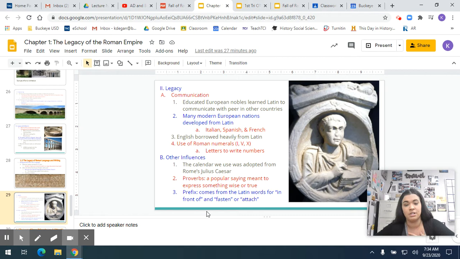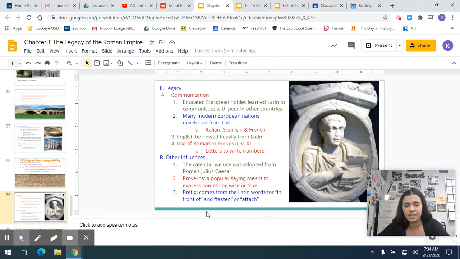We also use Roman numerals, letters to write numbers. So a lot of the Super Bowl, every year it's a number, right? I can't really think of anything else off the top of my head other than the Super Bowl.